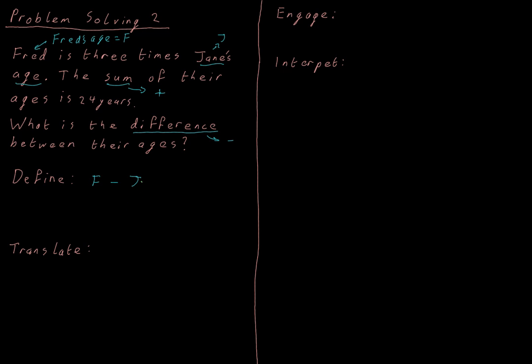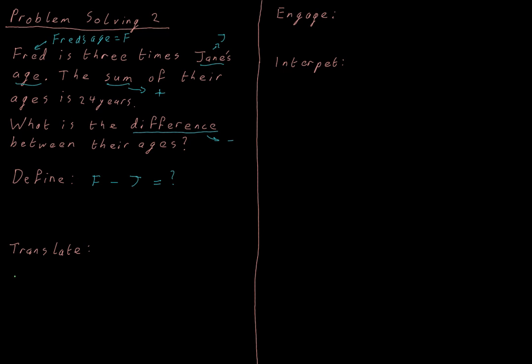So we're looking for Fred's age minus Jane's age. I now have a much more concrete feel for what I have to find in order to know the answer. Because to find the answer to this question, I need to know Fred's age and I need to know Jane's age so that I can find the difference between them.